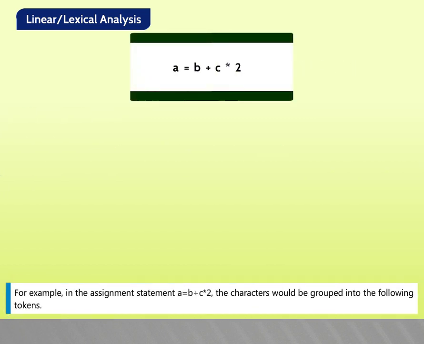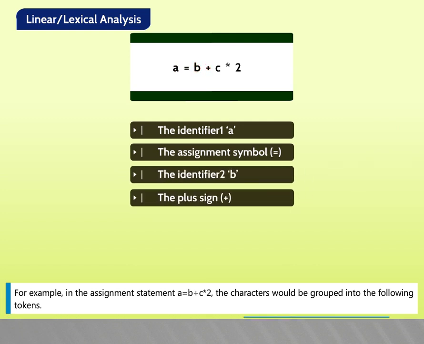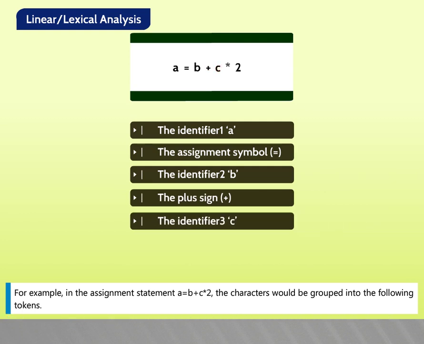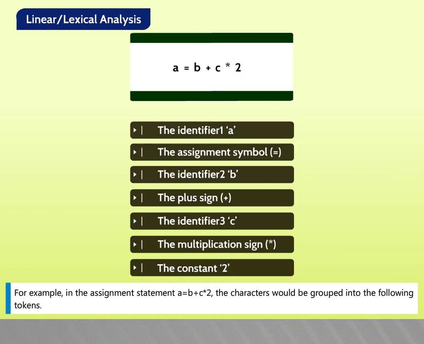For example, in the assignment statement A = B + C * 2, the characters would be grouped into the following tokens: the identifier 1 A, the assignment symbol =, the identifier 2 B, the plus sign +, the identifier 3 C, the multiplication sign *, the constant 2.